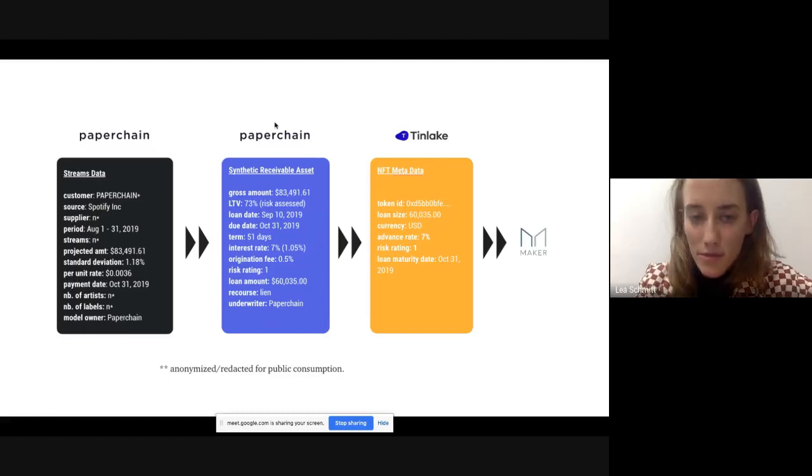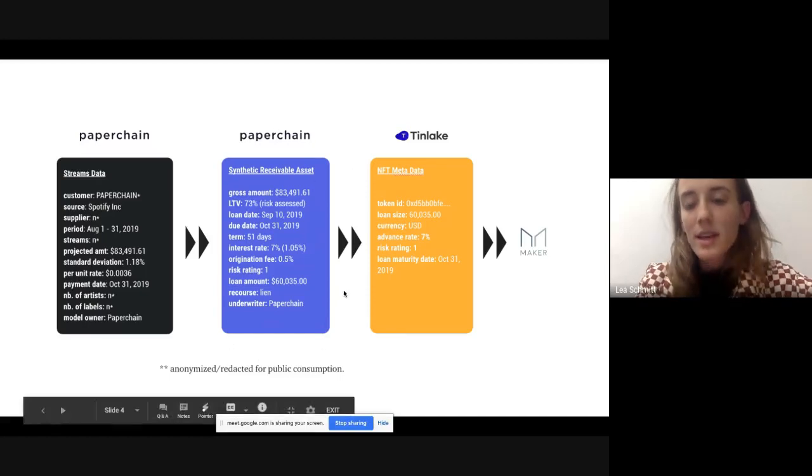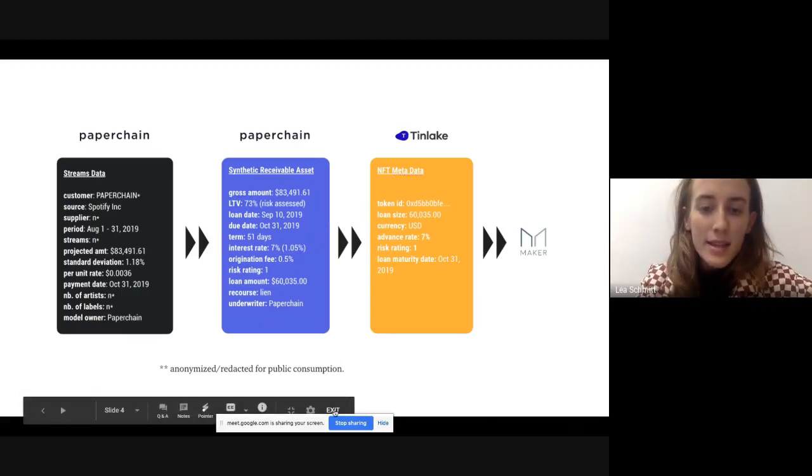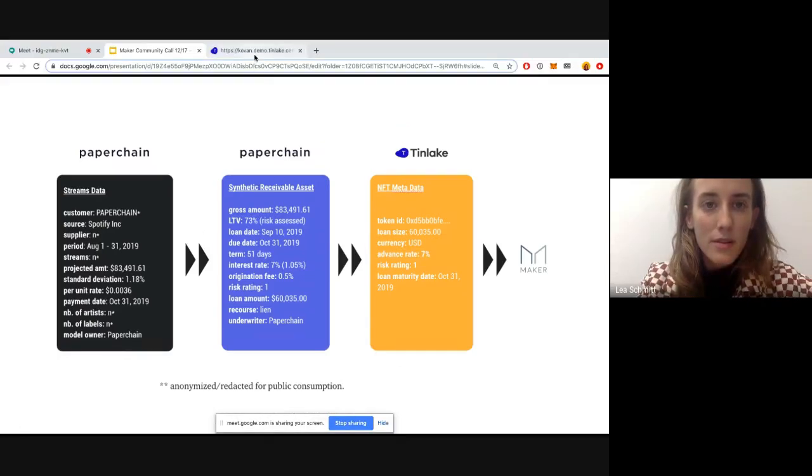Those insights we tokenize. We minted an NFT. Here you can see it got a token ID, and then we took that NFT and financed this via Maker using the Tinlake infrastructure. And I can actually show how that works.